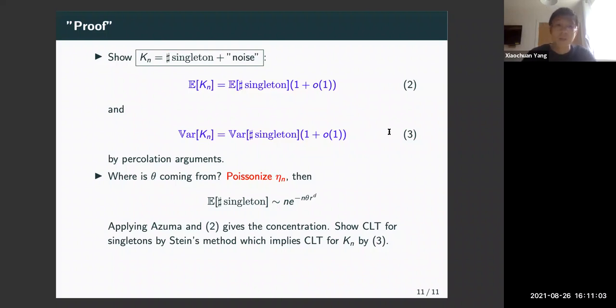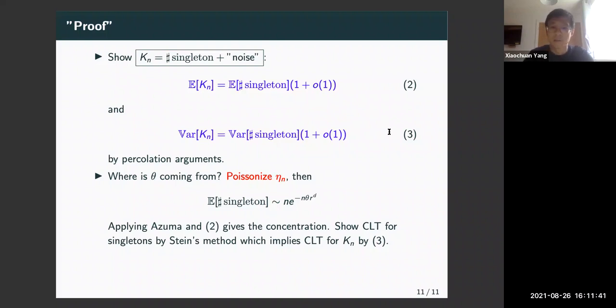Now I can tell you where this theta is coming from. First, we can Poissonize the problem by replacing these i.i.d. uniform points by a Poisson point process with intensity n times the uniform measure on the set A. For this geometric graph with Poisson input, we can actually calculate exactly the number of singletons.